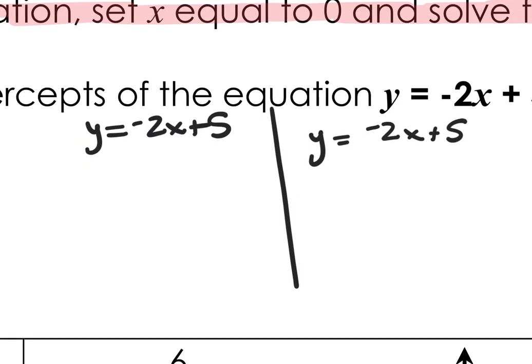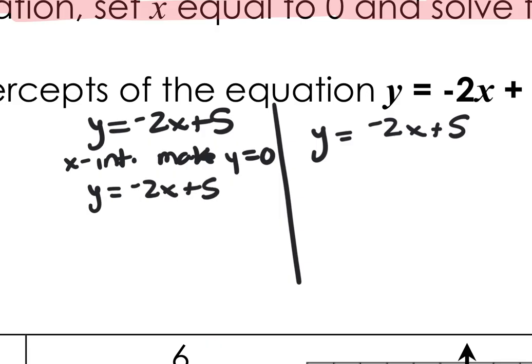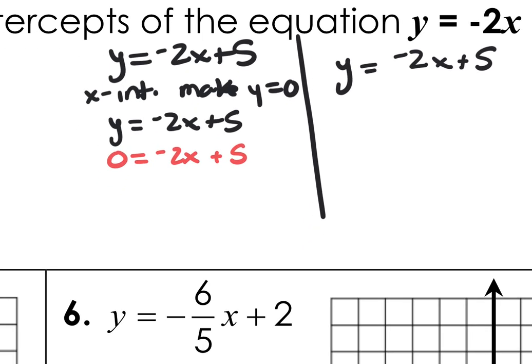If I want to find the x-intercept, I need to make y equal 0. So y equals negative 2x plus 5. I'm going to make this y value be 0, and I'm going to solve it for x.